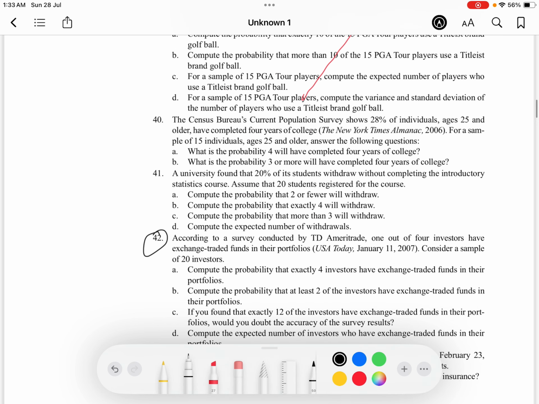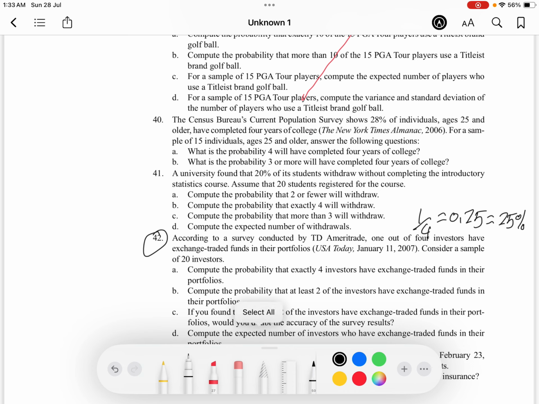Suppose, according to a survey conducted by TD Ameritrade, 1 out of 4 investors have exchanged, 1 over 4, which is 0.25 or 25%, traded funds in their portfolios.